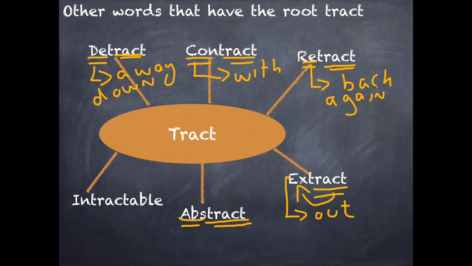And what about the word intractable? Well, we know that in and im are the same prefixes, like impossible. In means not. Let's say the word incredible, not believable. In means not. And now we have tract, which means to draw, pull, manage, or handle.